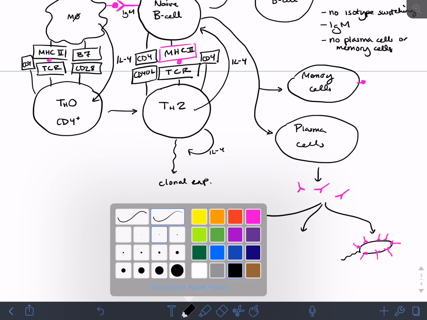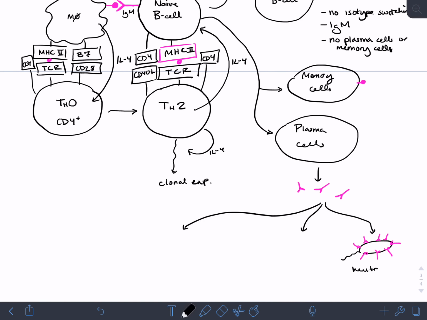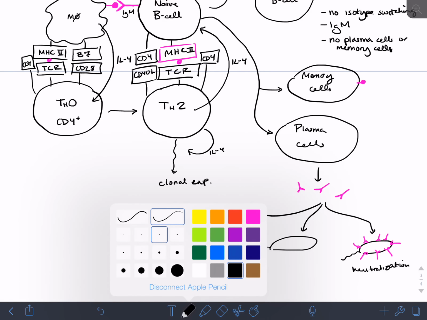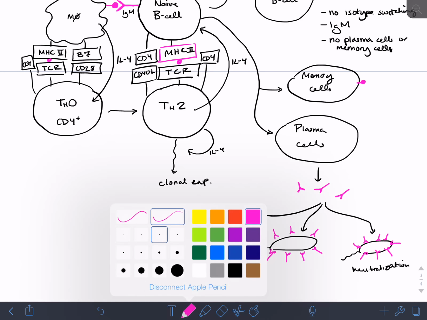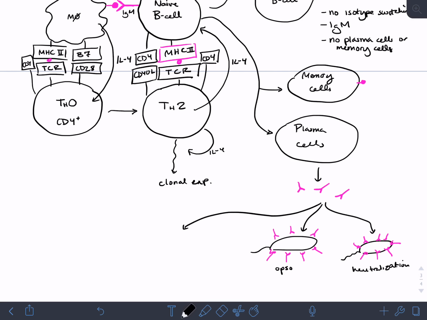Same concept as it was in viral infection. The second thing it's going to do is opsonize it. That kind of looks the same. Opsonization. But what opsonins do is they're going to recruit macrophages. So this is opsonization.